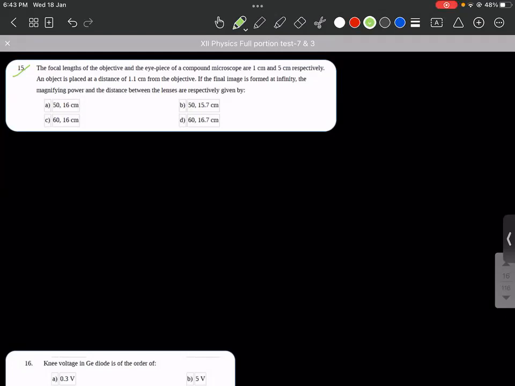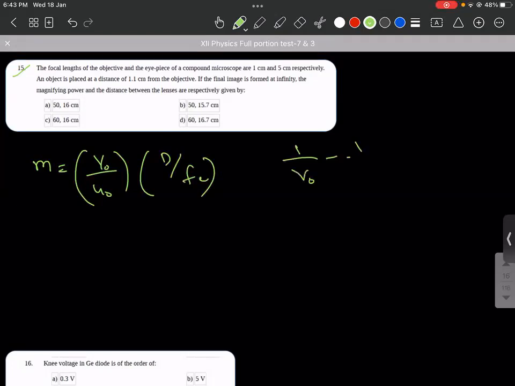So what is the magnifying power? What is the formula for magnifying power? It will be V naught divided by U naught into D divided by F here. So we know that 1 by V naught minus 1 by U naught is equal to 1 by F naught. So multiply with V naught throughout.